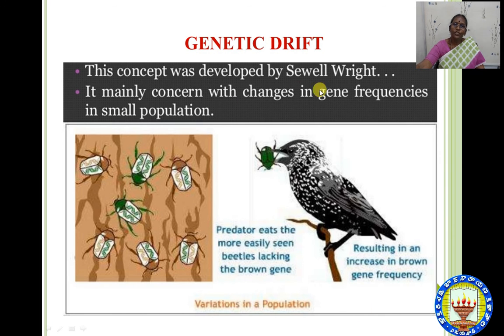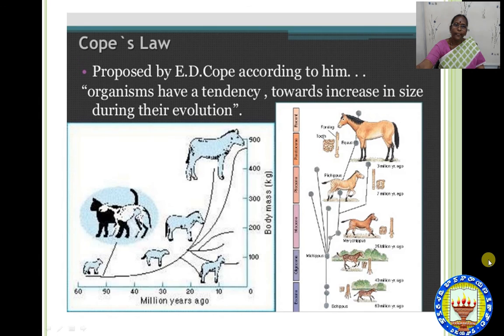See here, the Sewall Wright effect. Suppose these are beetles of two colors. One is green and the other one is brown. The brown beetles cannot be seen as they merge with the color of the trunk. The predator bird now eats only the green beetles, thus resulting in the increase of brown gene frequency.